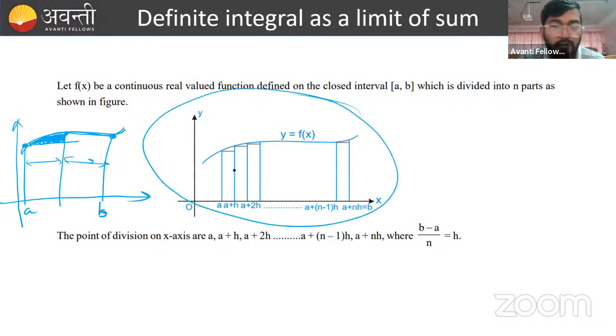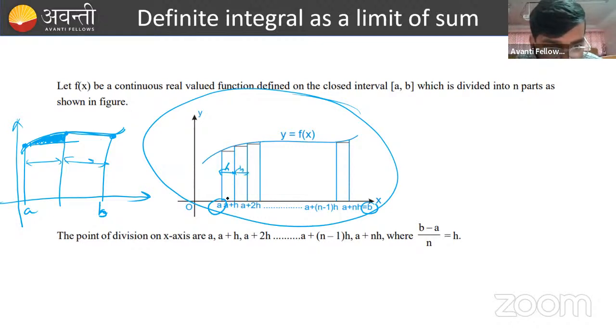What this figure signifies is that they have taken n rectangles. This point is A where we have started, this point is B where we have ended our interval from A to B. The spacing between each rectangle is h.